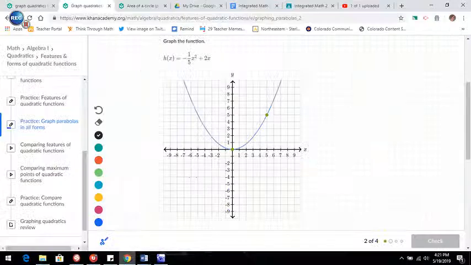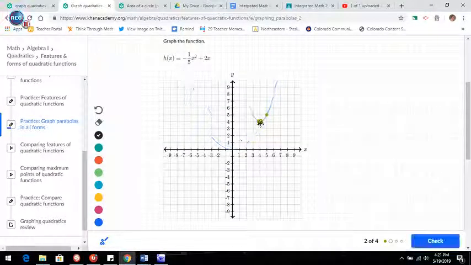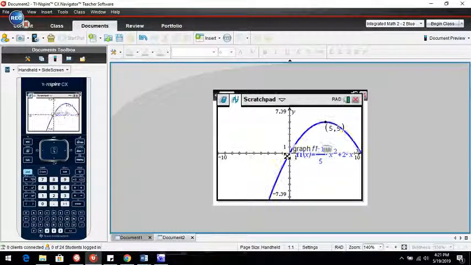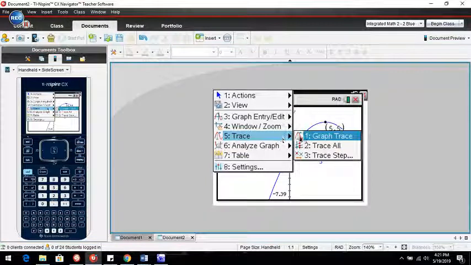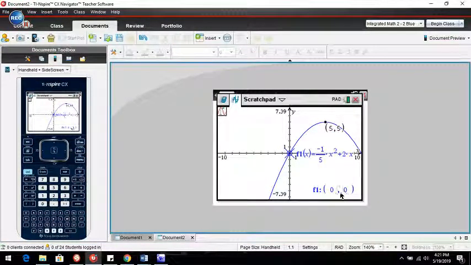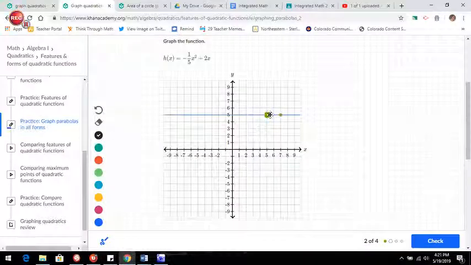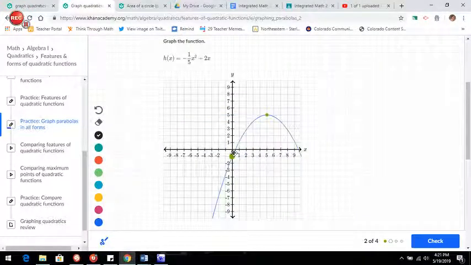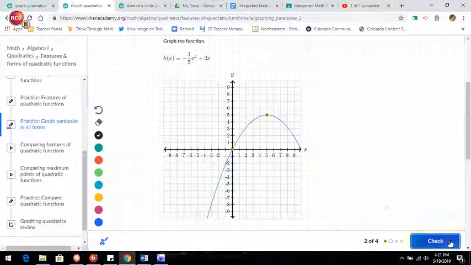There's my vertex, 5, 5. And then I just need one other point on the graph, and it looks like it's going through 0, 0. If I do menu, I can confirm that. It pops up right on the y-intercept. So I'm going to put this at 0, 0, and you're done.